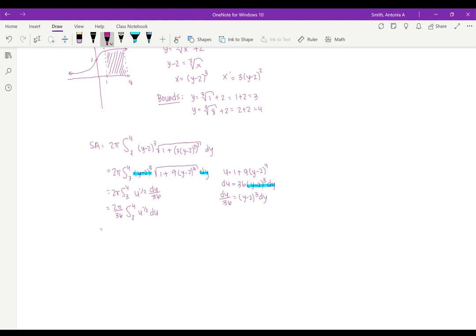Now we can integrate, so 2 pi over 36 times the integral of u to the 1/2 is 2/3 u to the 3/2. So 2/3, and I'm going to replace my u with what I have set for u, 1 plus 9 times y minus 2 to the 4th to the 3/2, evaluated from 3 to 4.